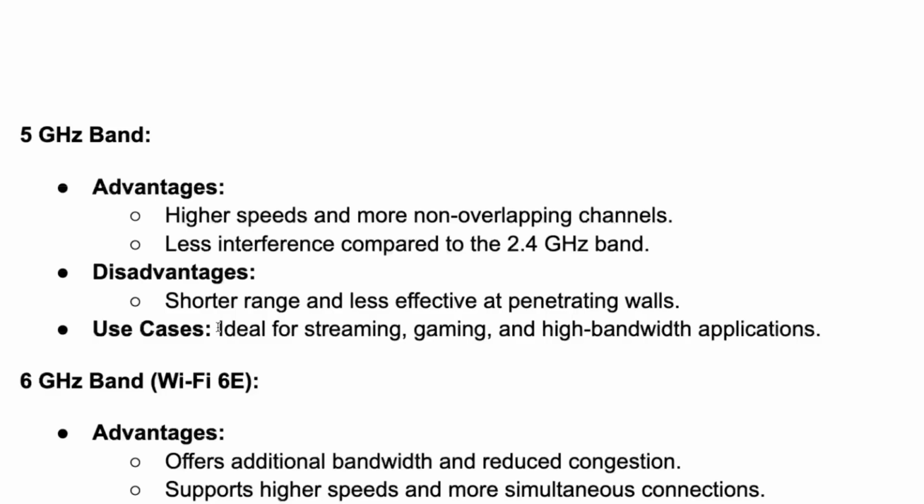Again, it also depends on the type of router that you have, the strength of the connection itself. There are other variables that feed into this, but generally, it's definitely a shorter range than what's available on 2.4 gigahertz, and it's less effective at penetrating through walls.